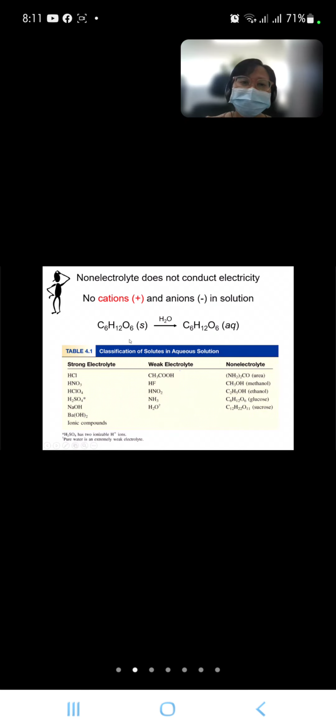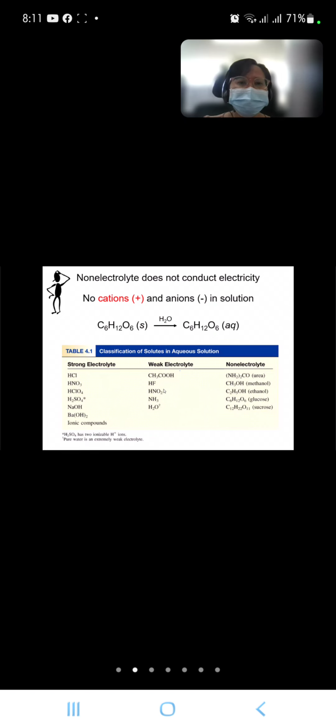When sugar is dissolved in water, in the solution you cannot find ions, but only sugar molecules, aqueous sugar molecules. Okay? It just turned into very, very fine particles, but still sugar. No dissociation of ions.